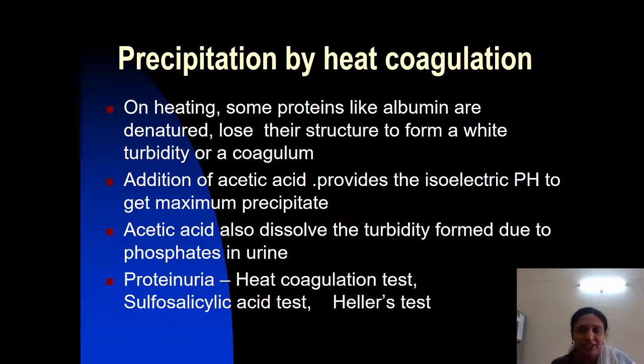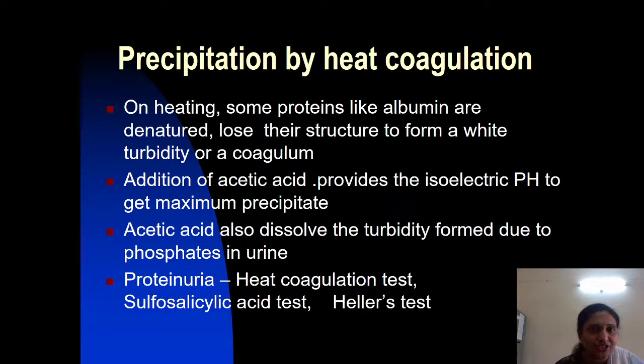Now the next one is precipitation by heat coagulation. Even applying heat to the protein is one of the precipitating methods. On heating, heat coagulable proteins like albumin and globulins undergo denaturation. Not all proteins, especially. Heat coagulable proteins, for example albumin and globulin, when exposed to heat, undergo a process known as denaturation.